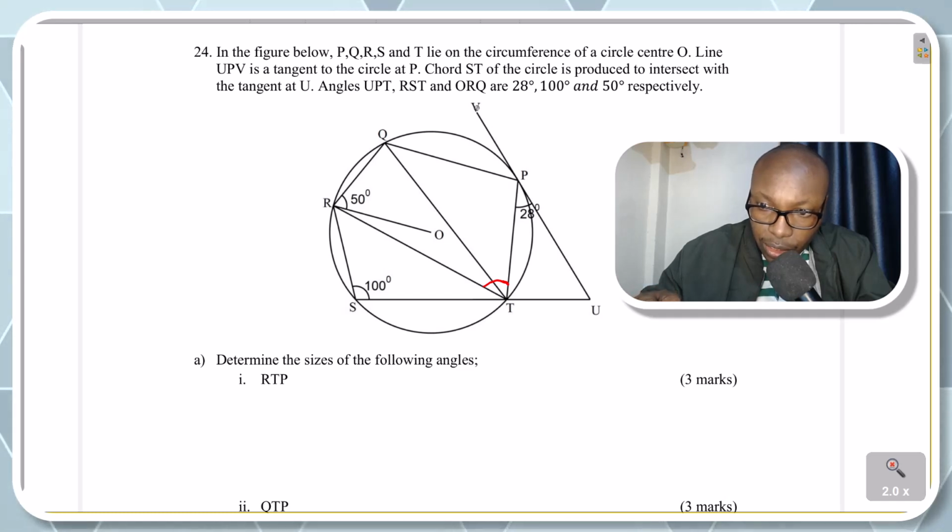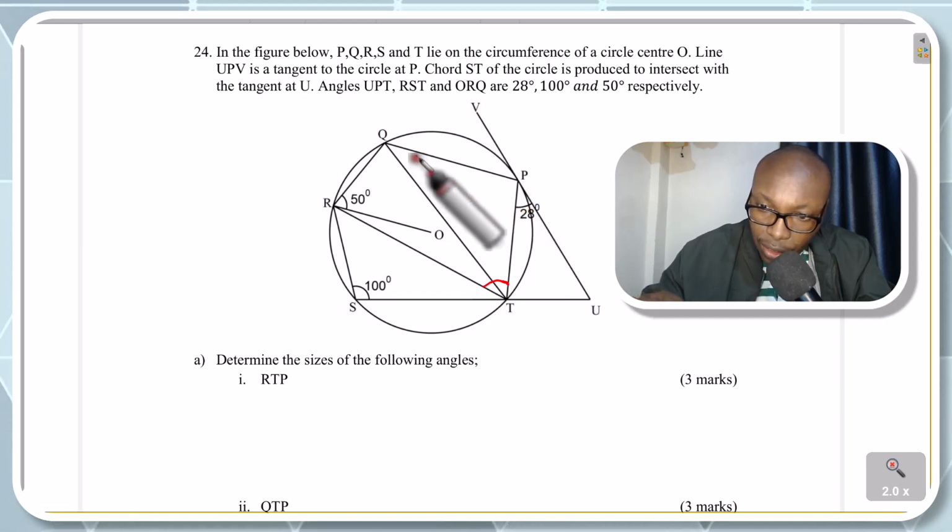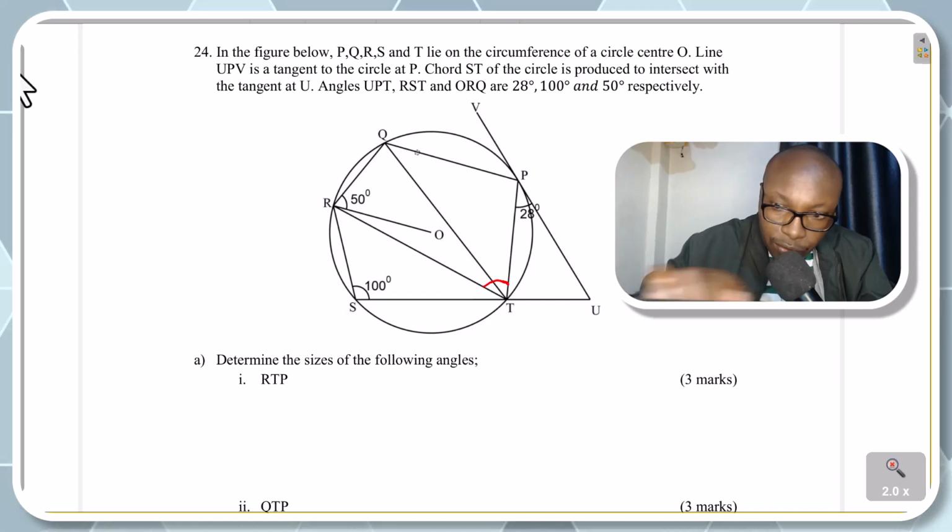The first one, I look at this tangent VPU, and this angle here is 28. When you look at this angle, which is 28, and this is a tangent, there's another angle I'll be able to get. I'll give the reason for that.